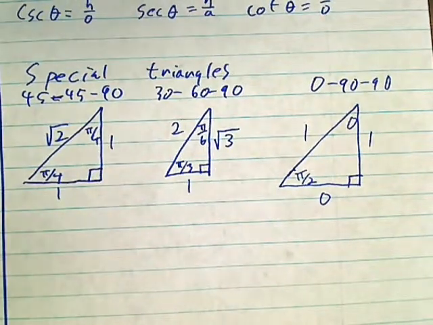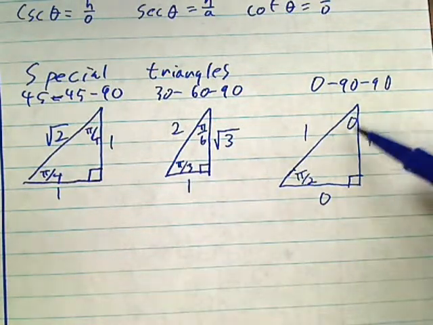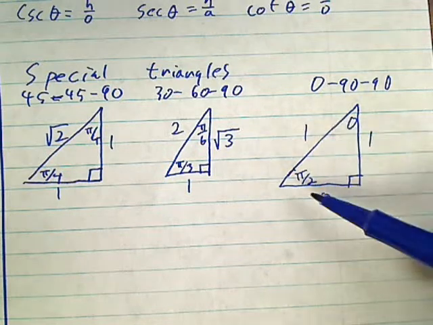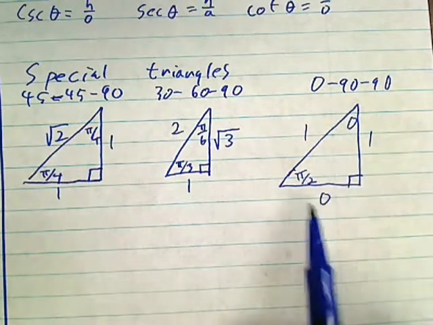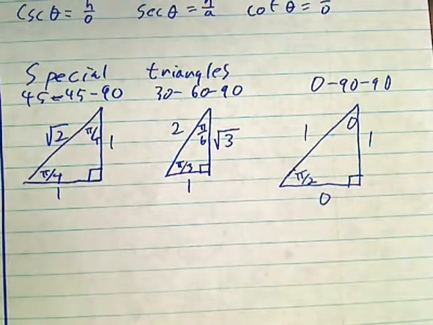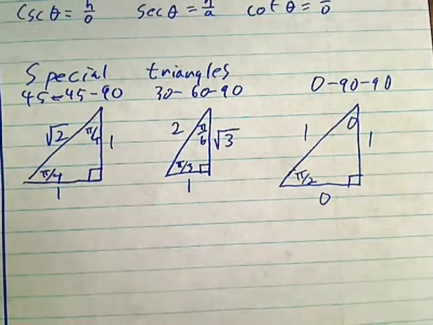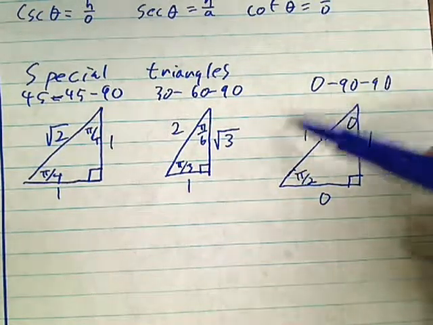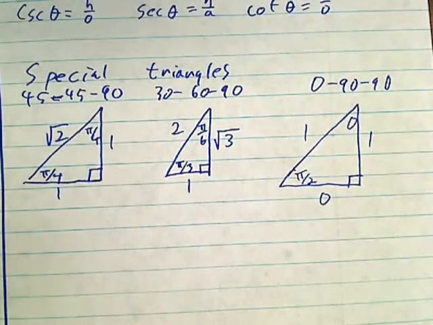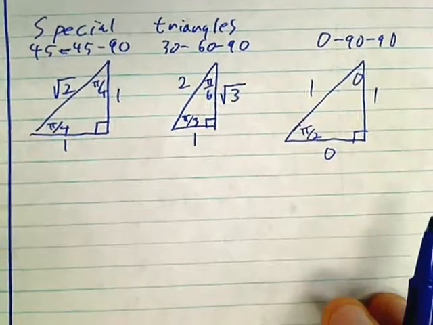In general, the 0 is opposite 0, and the 1 is opposite the pi over 2 and the 90 degrees. Those are the same size, so they both get 1. We will use this later, and hopefully it'll make sense later on. It is nonsense for now, though. It looks quite nonsensical.